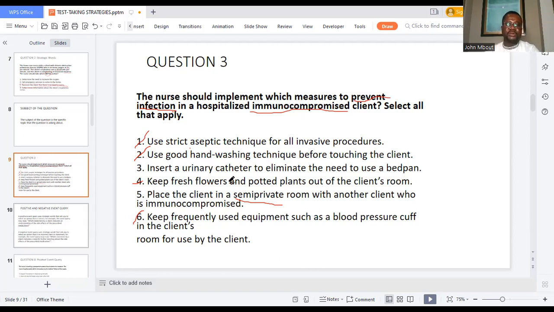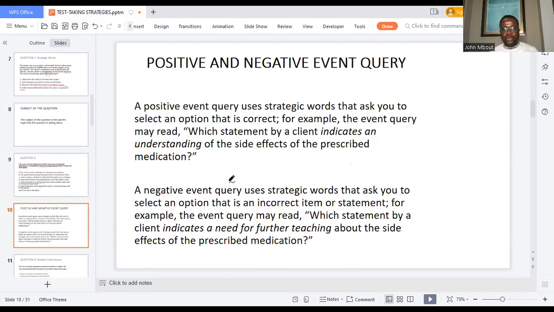Let's move forward. The next tip we are going to apply is positive and negative event queries. I explained before already what this means. A positive event query uses strategy words that ask you to select an option that is correct. Positive: you should select the right option.